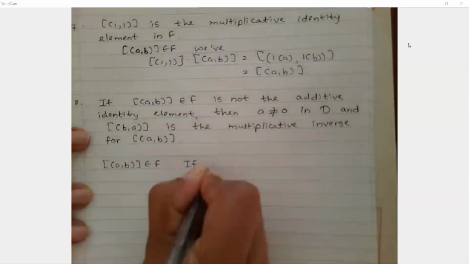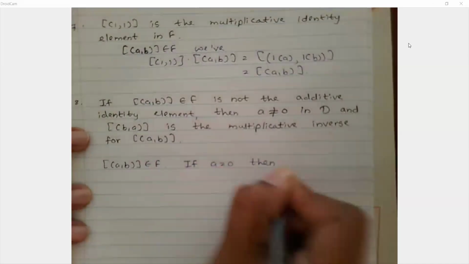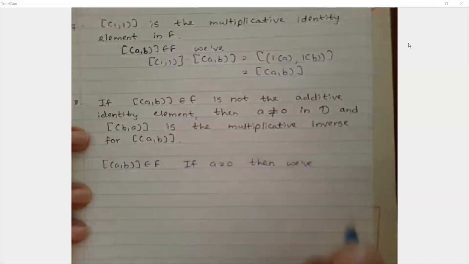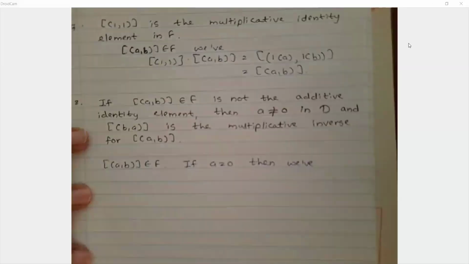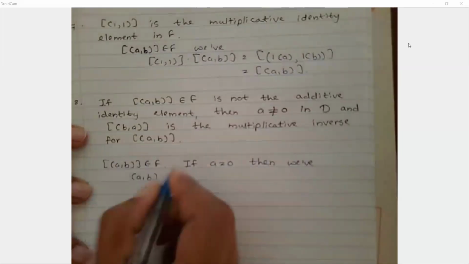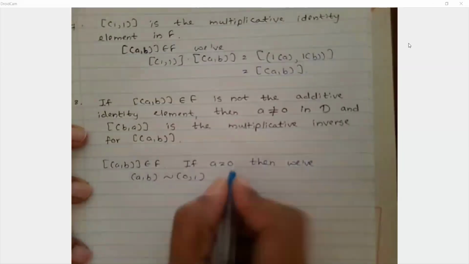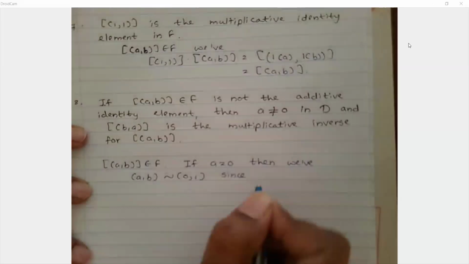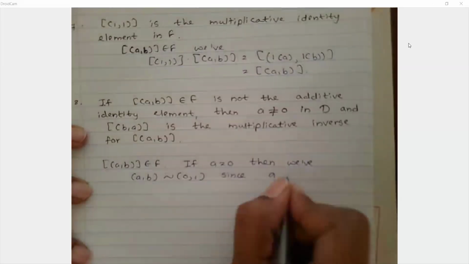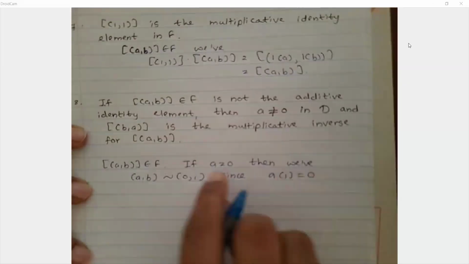If A is equal to 0, then we have AB, this element, to be equivalent to 0, 1, since A times 1 is equal to 0 when A is equal to 0.